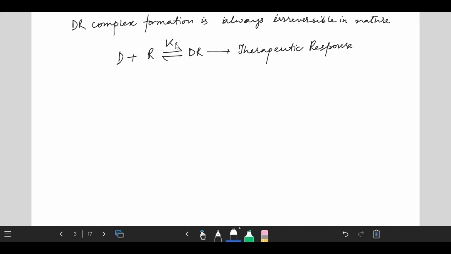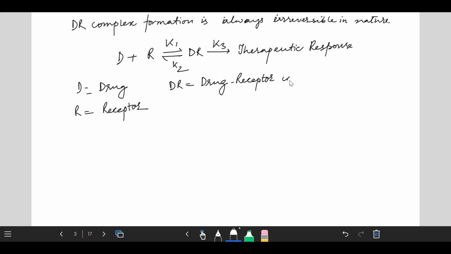This is K1, this is K2, this is K3. Here D equals drug, R equals receptor, DR is the complex or drug receptor complex.